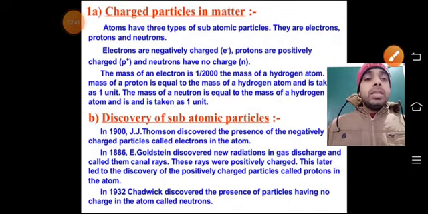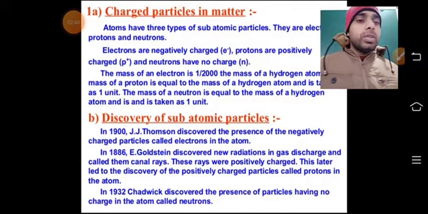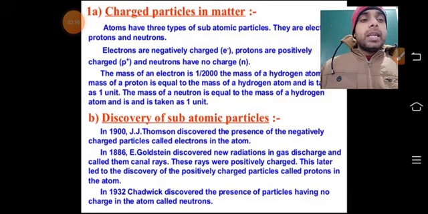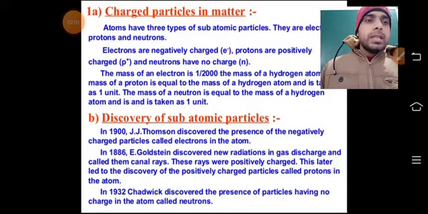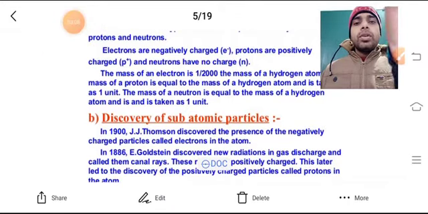Now, the discovery of subatomic particles. Earlier, Dalton's atomic theory said that atoms are indivisible. But later on, some scientists came and said that no, atoms are divisible into subatomic particles, and those are electron, proton and neutron.